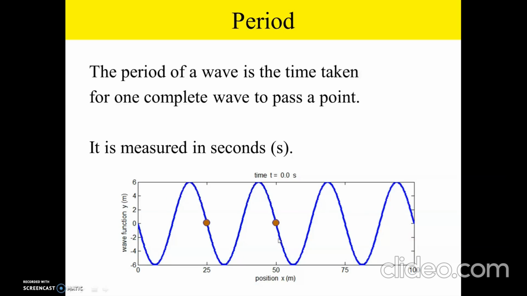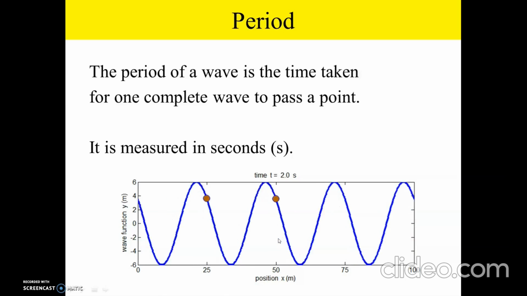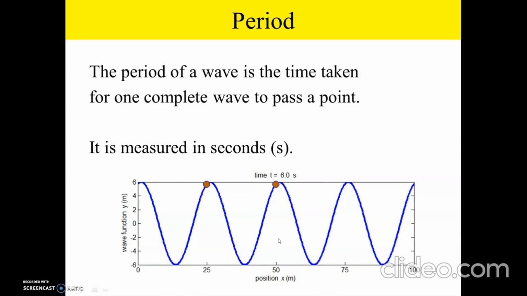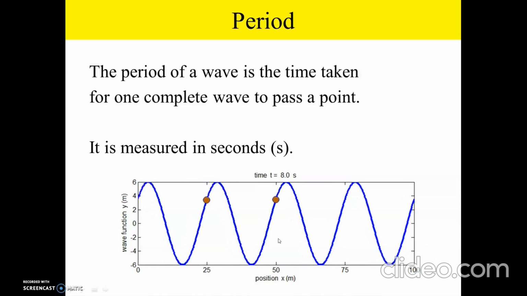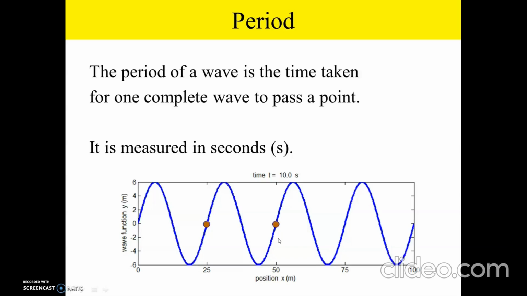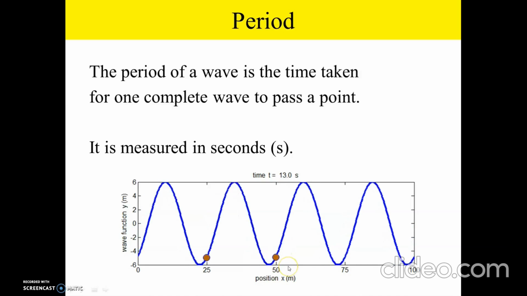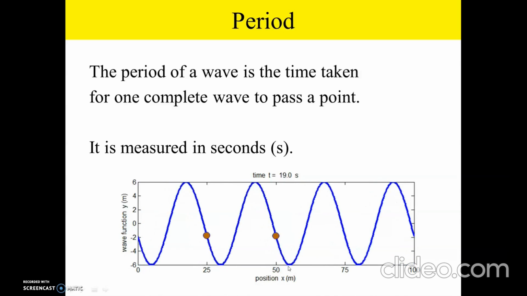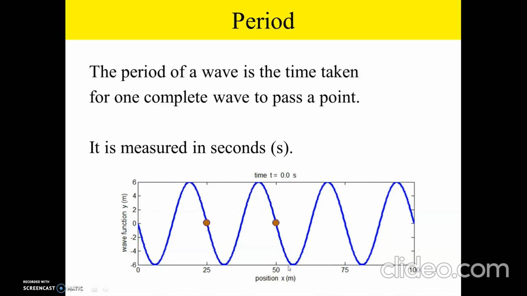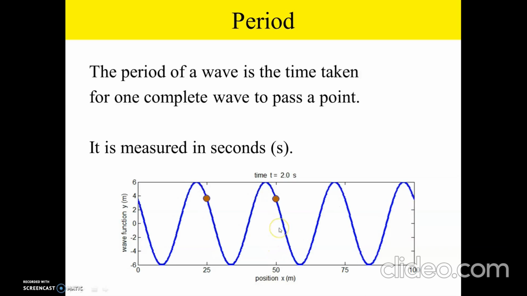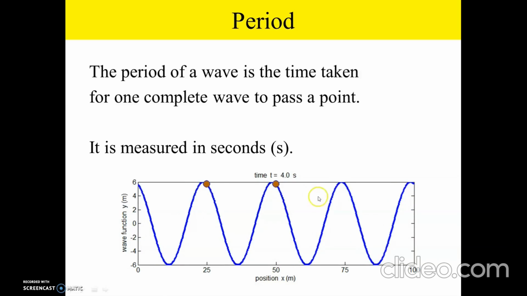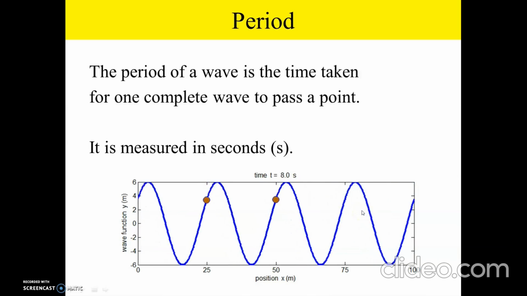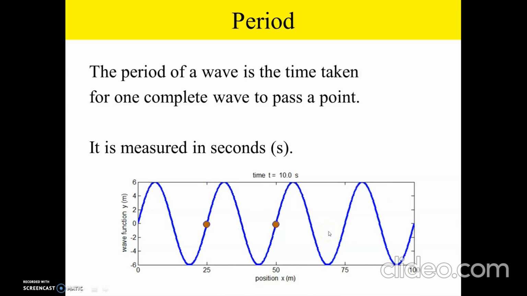So right now it is starting, so it will displace all the way to the positive maximum displacement, and then it is going to come down and go all the way to the negative displacement, and then it is going to come back towards the equilibrium position in the center. And while it is doing that, you can see that this wave is actually moving a distance of 1 wavelength, that is 1 lambda, during these 20 seconds.